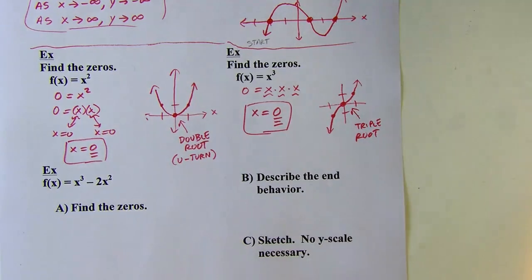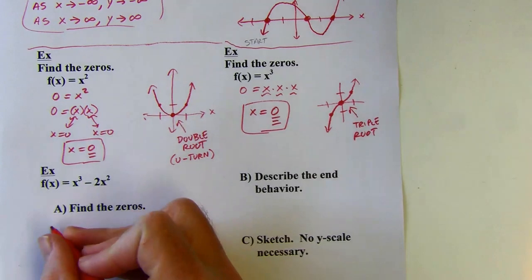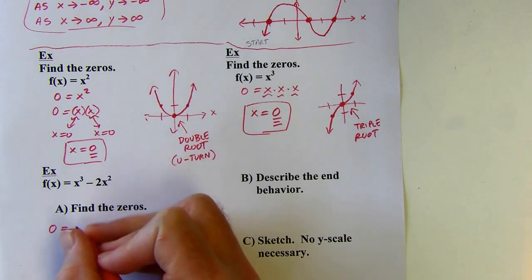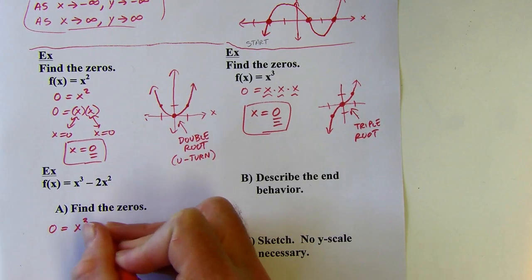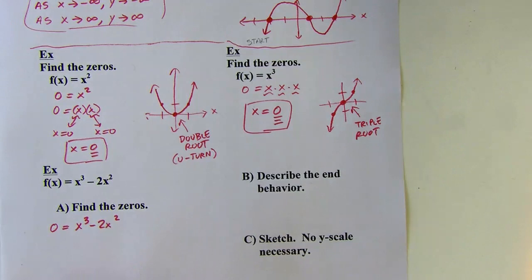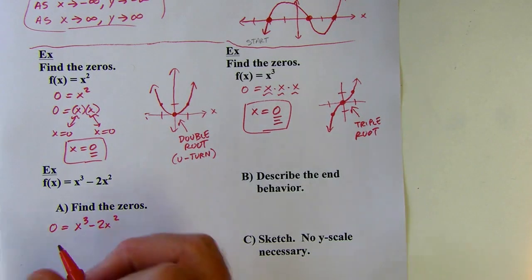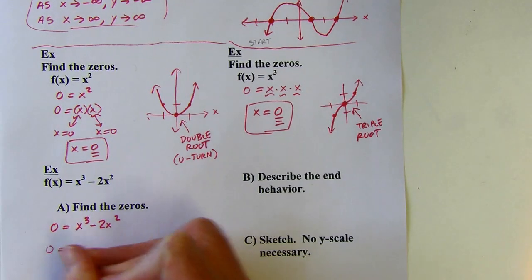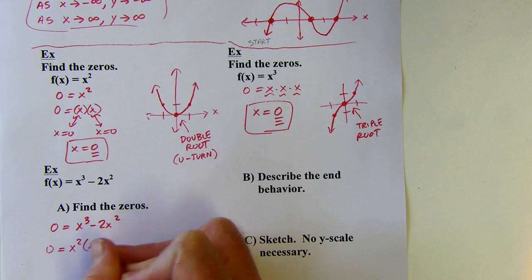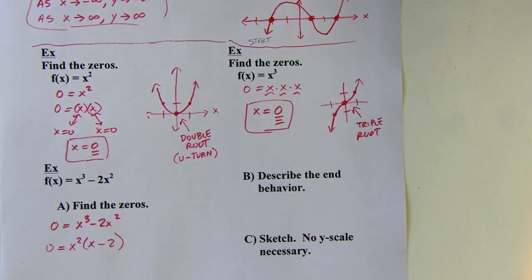Okay. All right, so let's get to this next example then. Find the zeros. Okay, so I'm going to plug in 0 for y, and I'm going to solve for x. So looking at this, hey, I can factor this really quickly with a common factor. I can factor out x squared. And boom, it's factored, right?